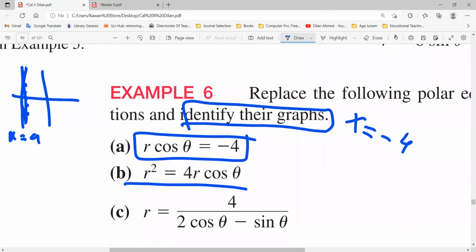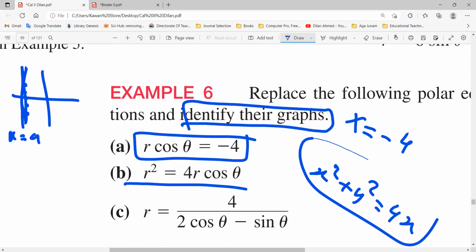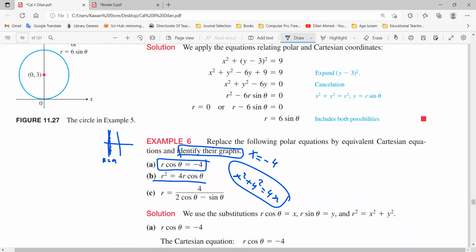How about the second? x squared plus y squared equal to 4x. So how do we sketch that one? Y-intercept? No. Check x squared plus y squared.